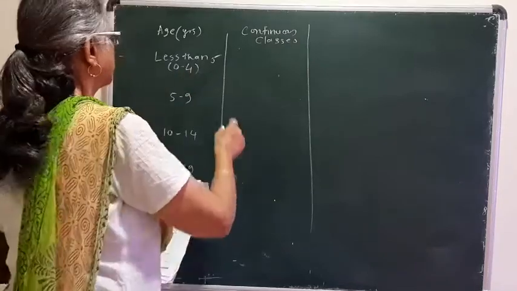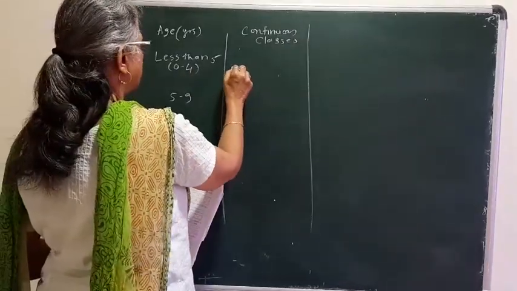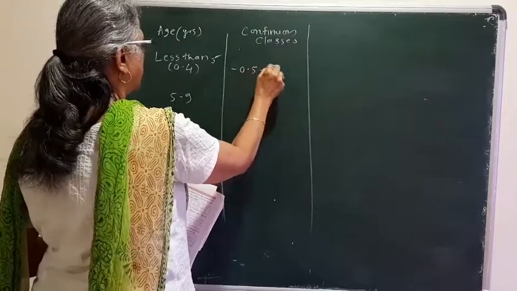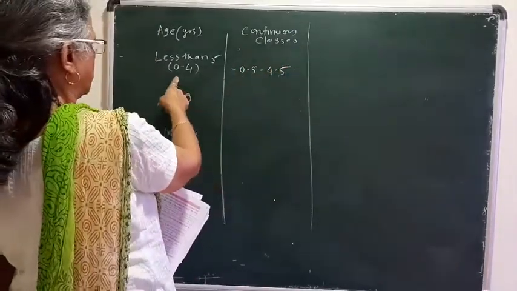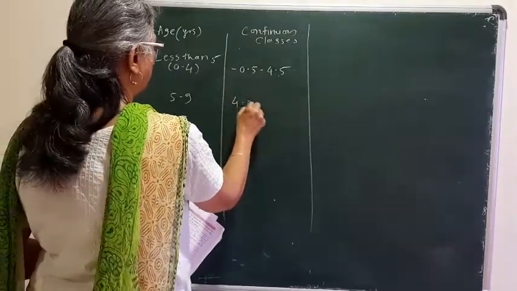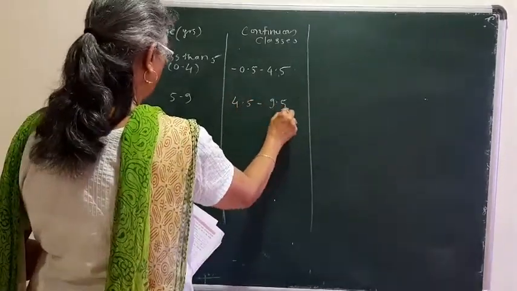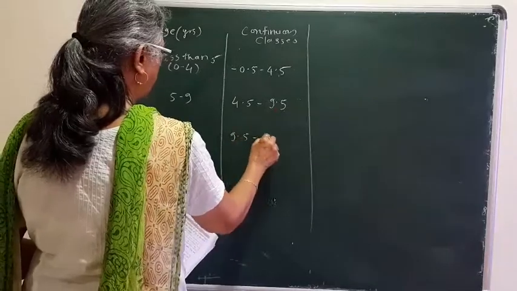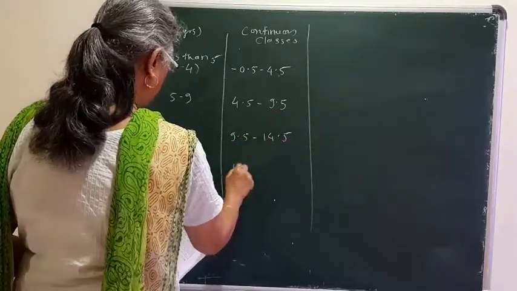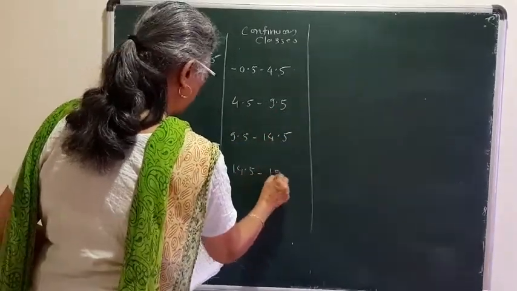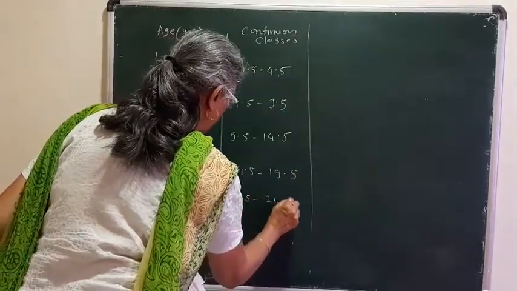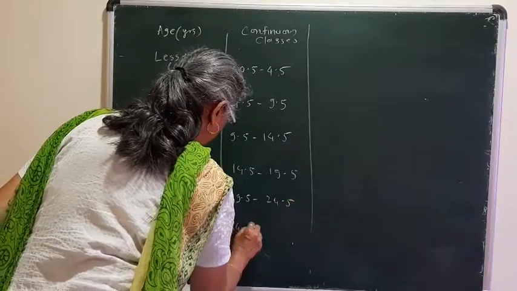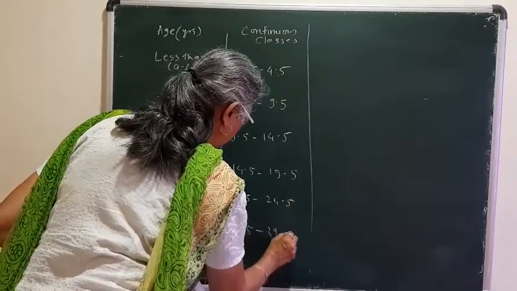So here you have to subtract 0.5 from 0 and add 0.5 to the next class. So that will be minus 0.5 to 4.5, 4.5 to 9.5, 9.5 to 14.5, 14.5 to 19.5, 19.5 to 24.5 and 24.5 to 29.5.